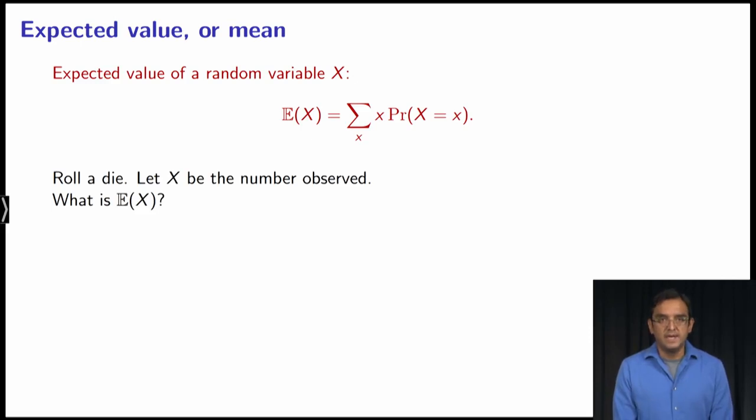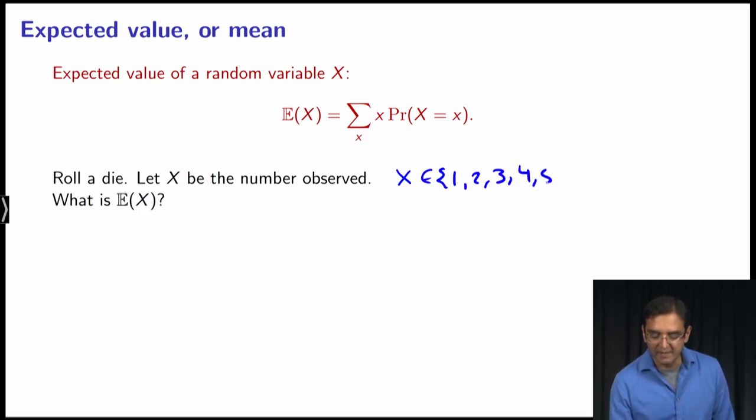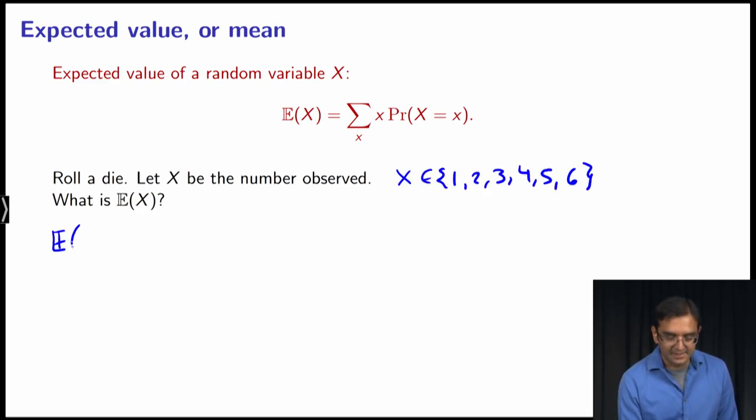So we roll a die. Let x be the number observed. What is its expected value? So in this case, x is something that takes on values 1, 2, 3, 4, 5, or 6. And so the expected value of x, plugging into this formula, is simply an enumeration over all its possible values.